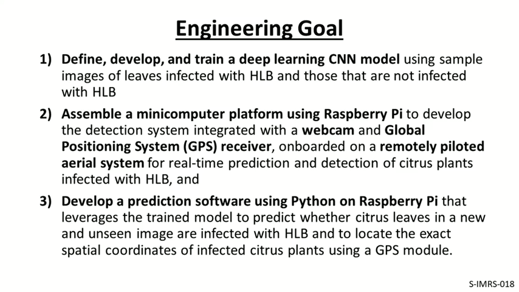And 3. Develop a prediction software using Python that leverages the trained model to predict whether citrus leaves in a new and unseen image are infected with HLB and to locate the exact spatial coordinates of infected citrus plants using a GPS module.